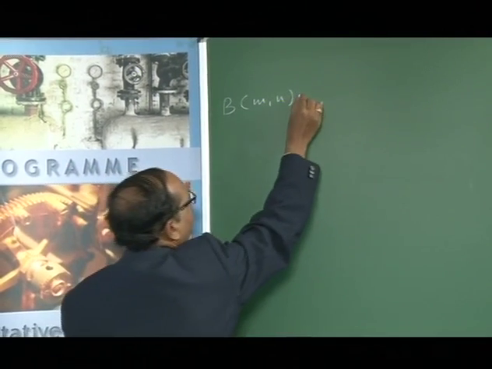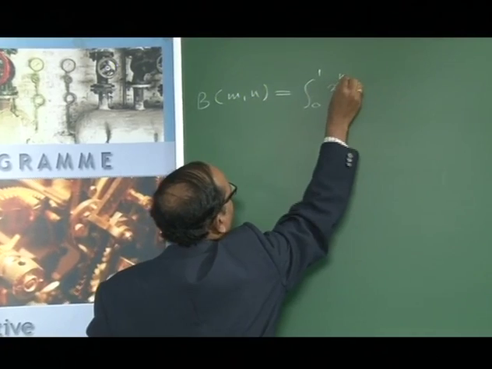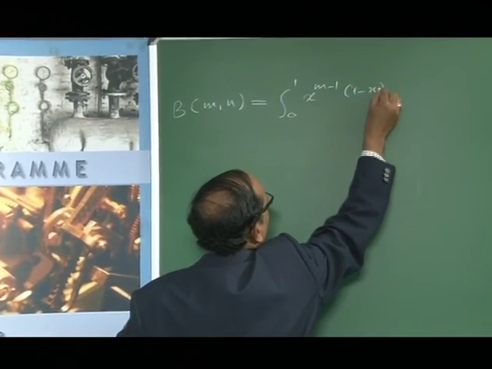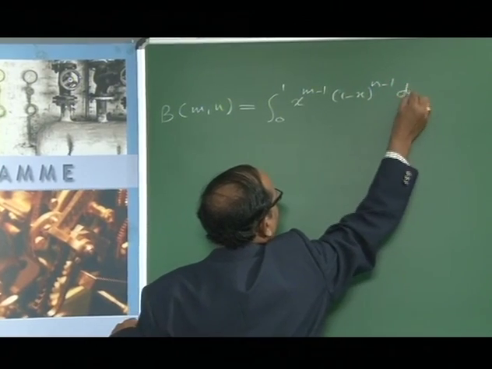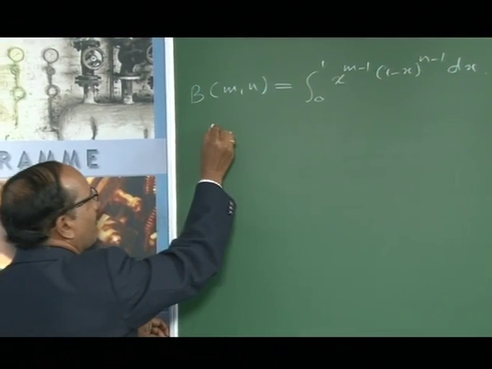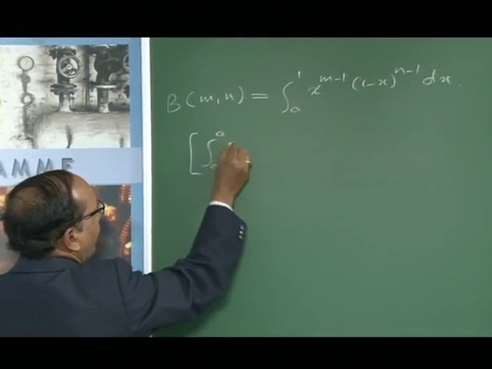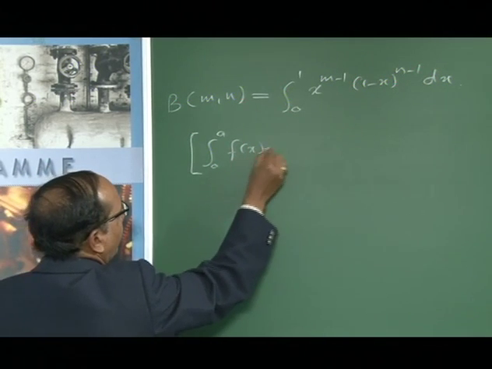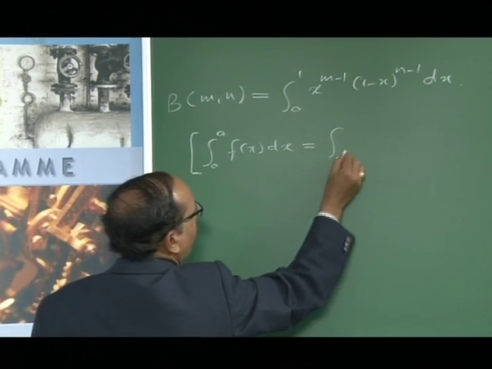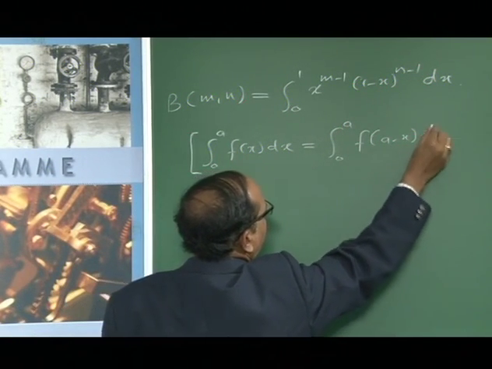You can see on the board, beta mn by the definition is the integral from 0 to 1 of x to the power m minus 1, 1 minus x to the power n minus 1 dx. That is the definition. The property says that the integral from 0 to a of any function f(x) dx is written as the integral from 0 to a of f(a minus x) dx.